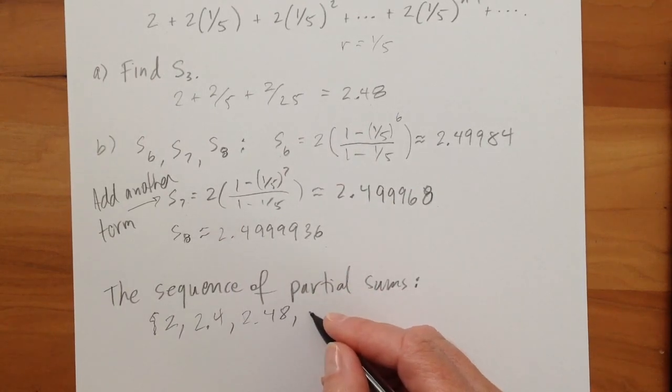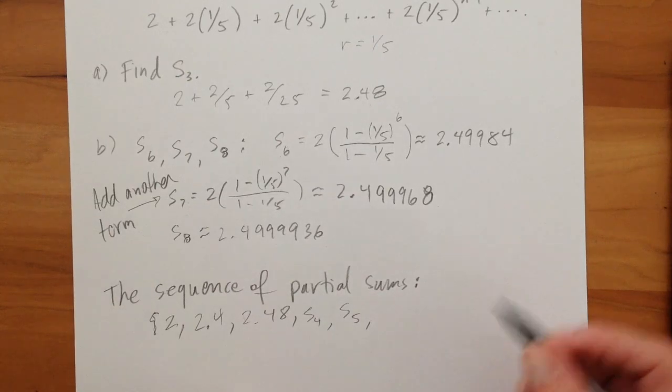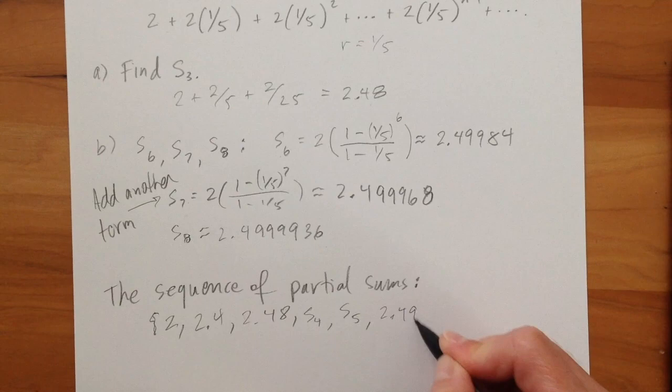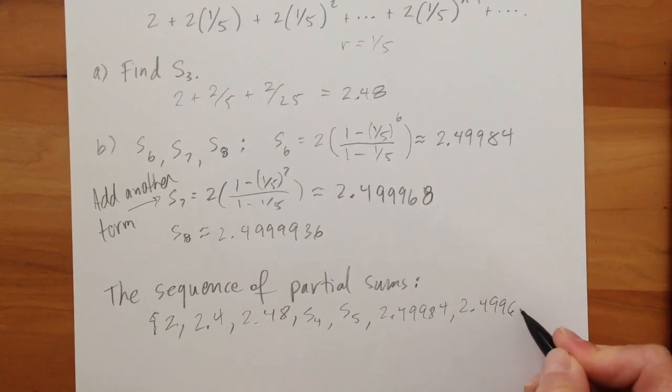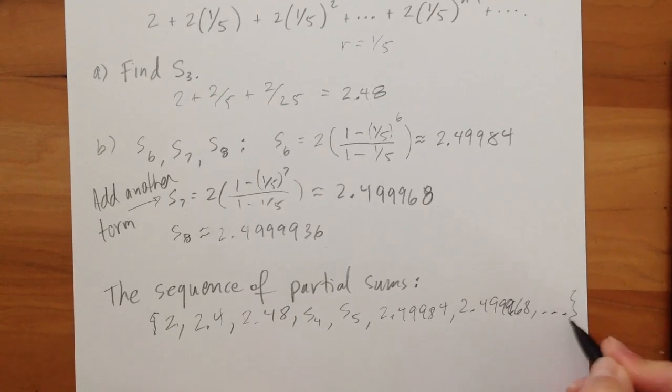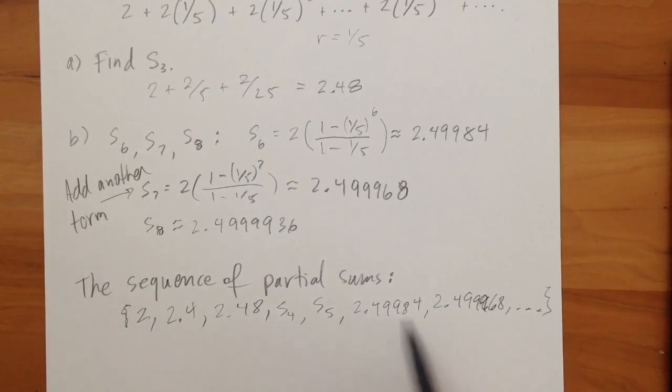I didn't compute s sub 4 or s sub 5, but we did compute these others. So the terms in the sequence of partial sums are getting closer and closer and closer to a specific number.